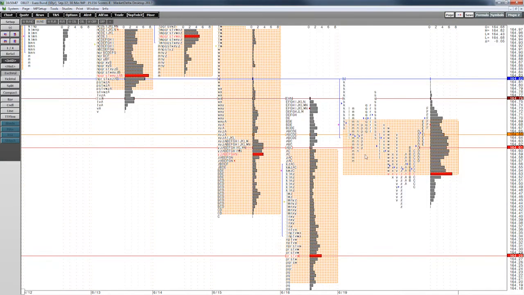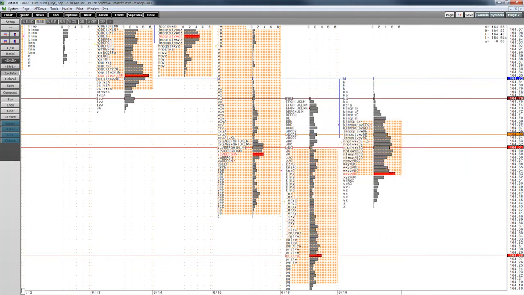Had that occurred, again we would have been looking for short side continuation to target that naked VPOC at 164.28. The fact that it didn't, the fact that it broke to the upside, then nullifies that trade hypothesis, and ultimately we then move on and try and find something else to do.